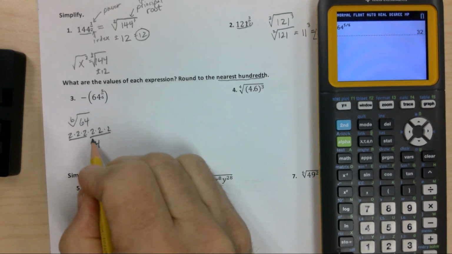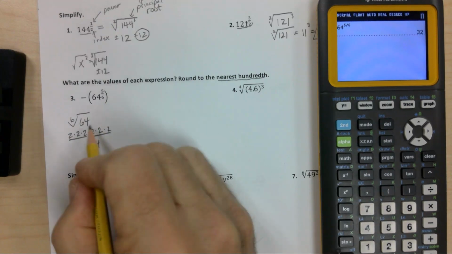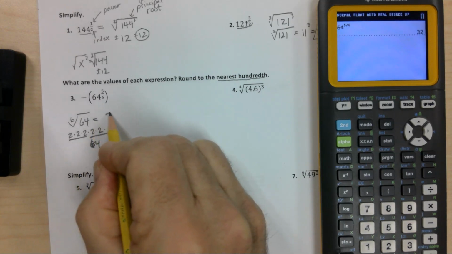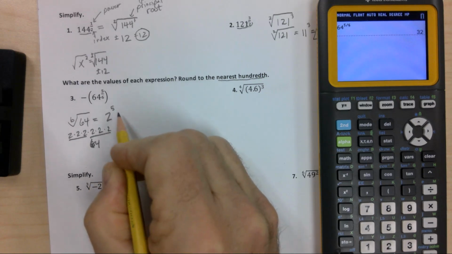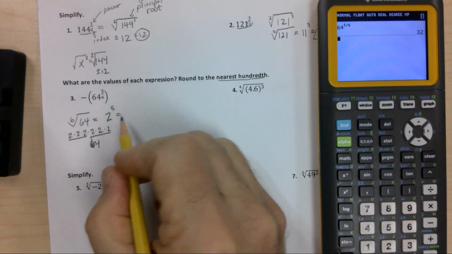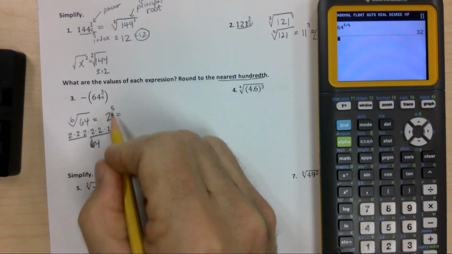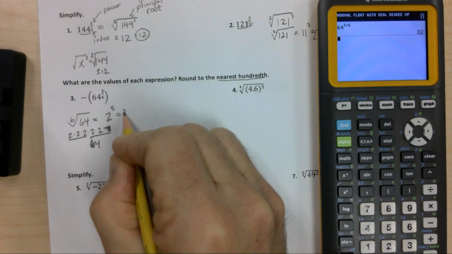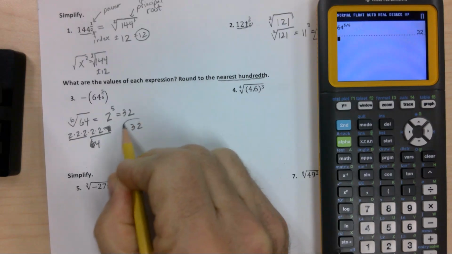So we could have done it that way. And so the sixth root of 64 is 2. Now we go to the 5th power, and because 2 to the 6th is 64, 2 to the 5th, if you take one of these off, you get 32. But that's negative 32.